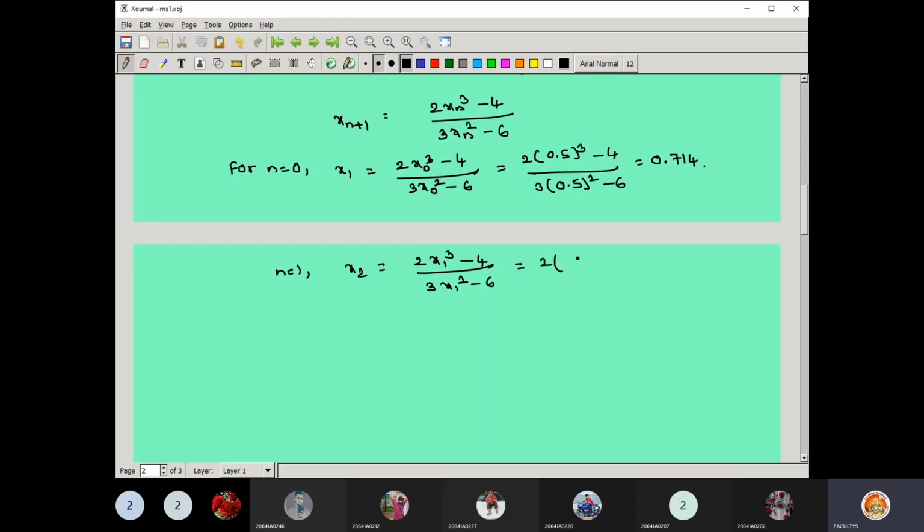X1 we already calculated: 0.714 whole cube minus 4, total divided by 3 into 0.714 whole square minus 6. Again you can take your calculator so that you can find the answer.